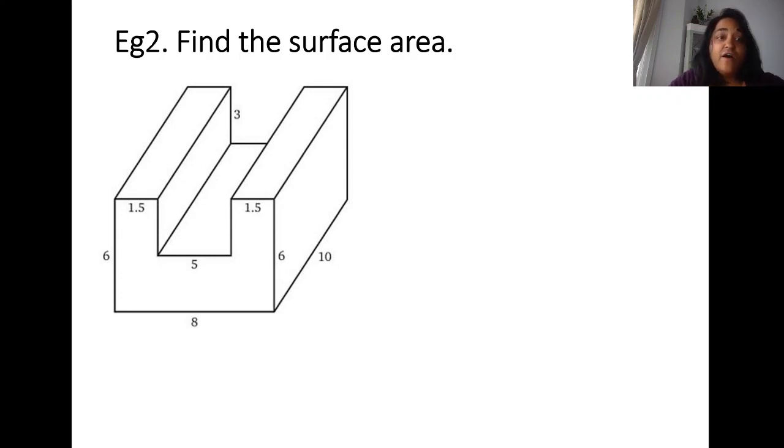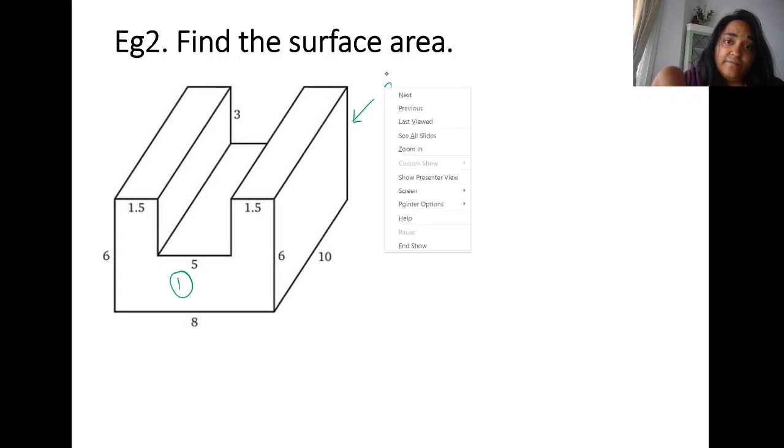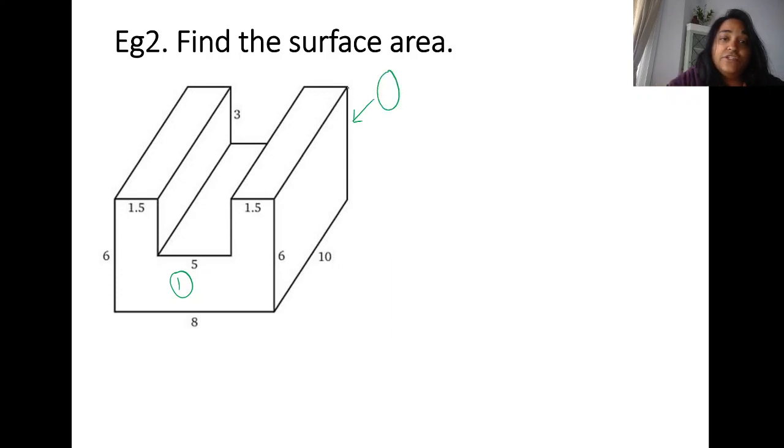Well, first we're going to consider the two ends. So we've got this shape here as our cross section. So if I label that 1, and I know I'm going to have one on the other side, 2. And then let's think about all the faces. So I've got here 1, 2 on the other end.